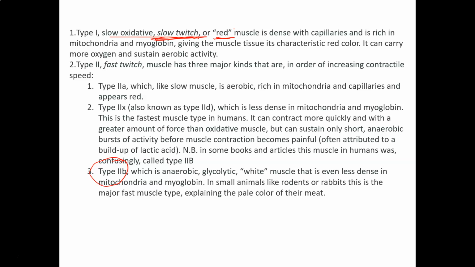Or they can be fast twitch, which means the contractions happen really fast, but these are white. Okay, so if they're white, it means they don't have as much mitochondria and they don't have as much myoglobin, because myoglobin is a red pigment within our muscles.